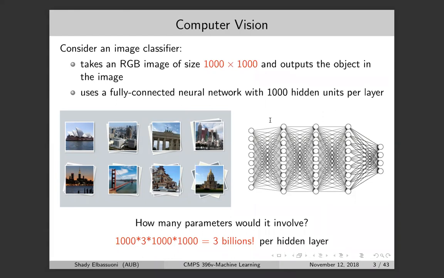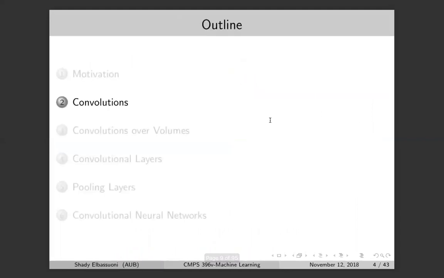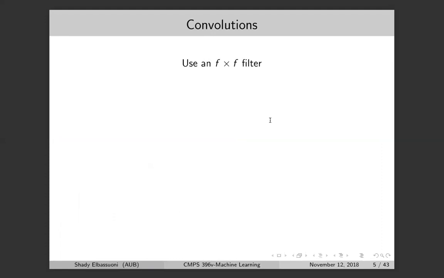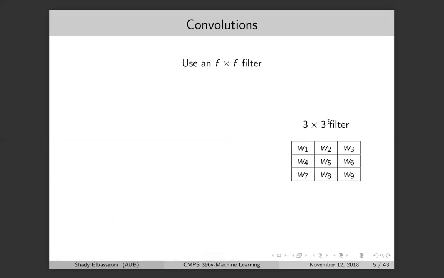Okay? Good. So let's see what convolutions are first. A convolution is to use an F by F filter. What do I mean by this? So let's assume this is a 3 by 3 filter. So F is a parameter, an integer, right? So you can set it to 3, 5, 7, it doesn't matter.